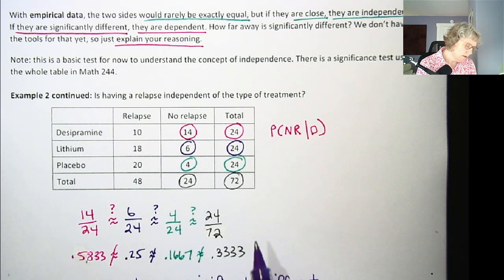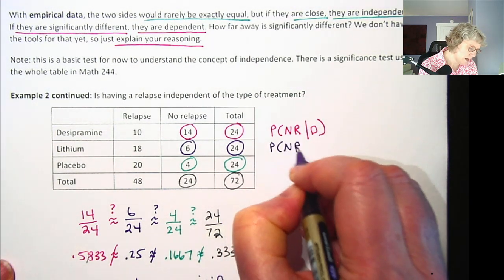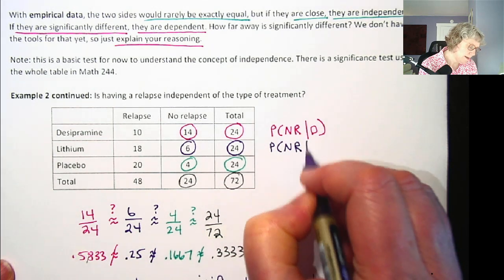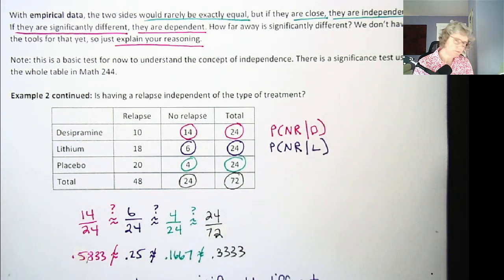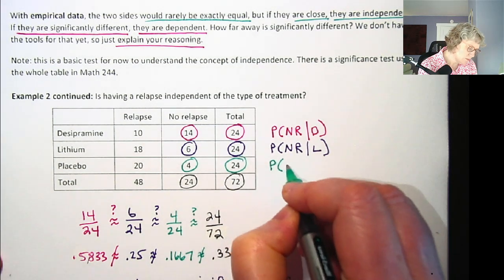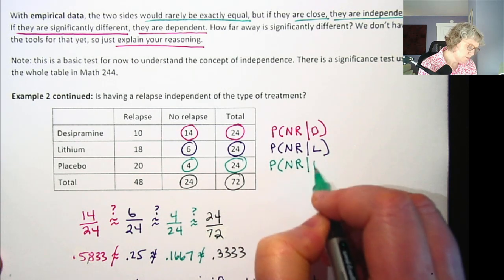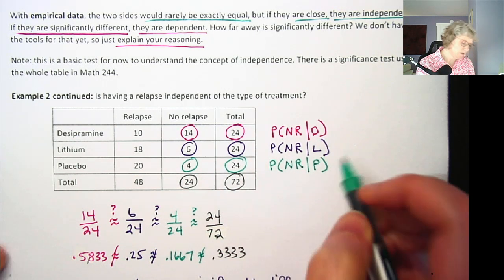And then the lithium row is probability not having a relapse, so NR given L. Similarly, the placebo row is the probability of not having a relapse given P. They're in the placebo group.